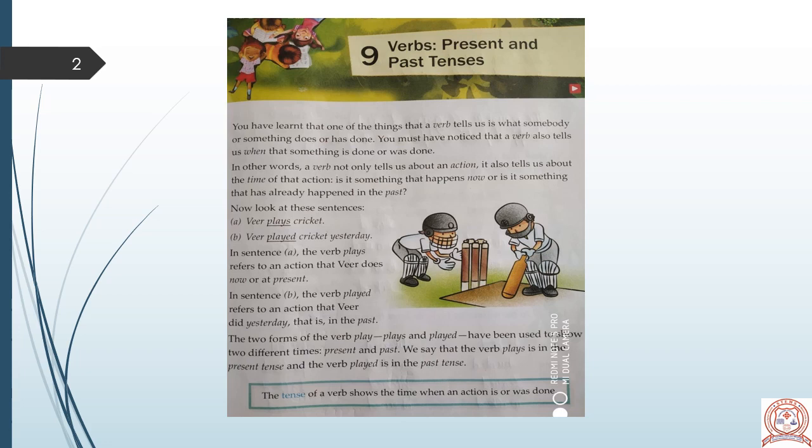Here is an example. Veer plays cricket. This sentence is in present tense. Veer played cricket yesterday. This sentence is in past tense because plays is for present and played is for past.